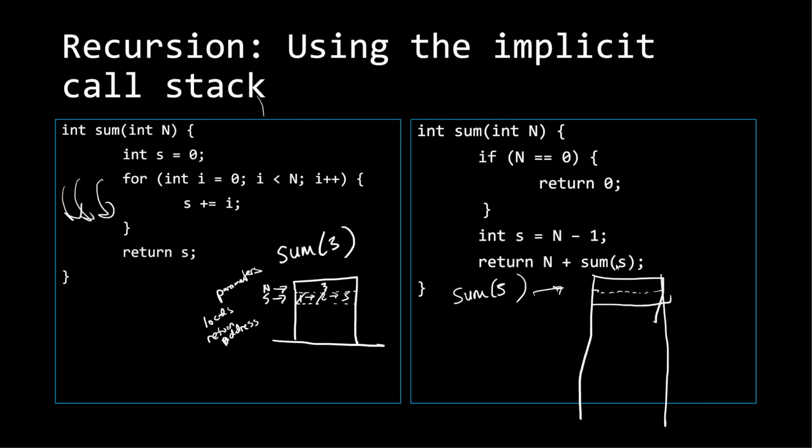So the parameters I care about are n, which is going to be 3 at the start, and then s, which is going to be n minus 1, so that's 2. And so there's also going to be a return address right here. And that return address is going to point to this slot because that is where I called the next function, right? So when I call sum, there's going to be a return address pushed to the stack.